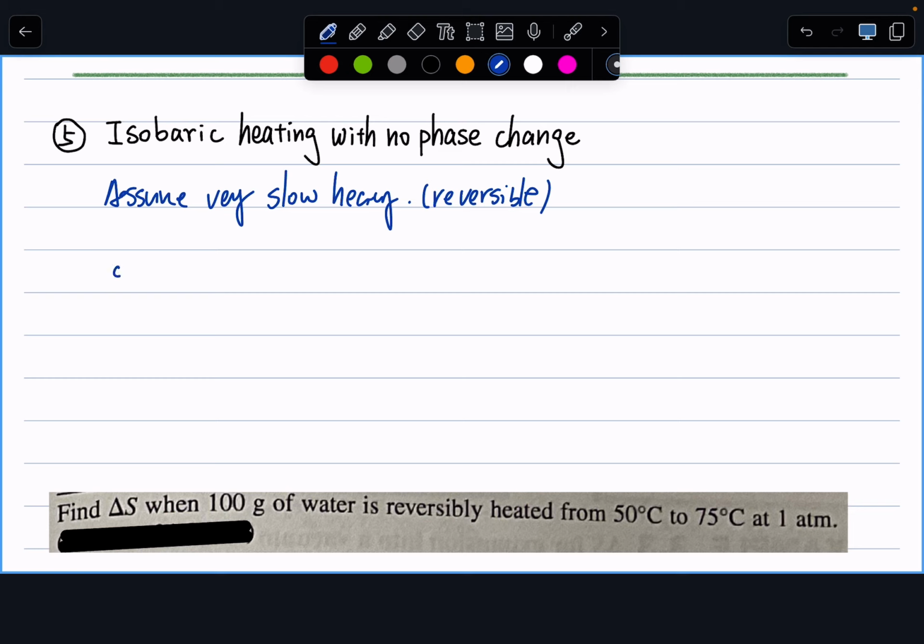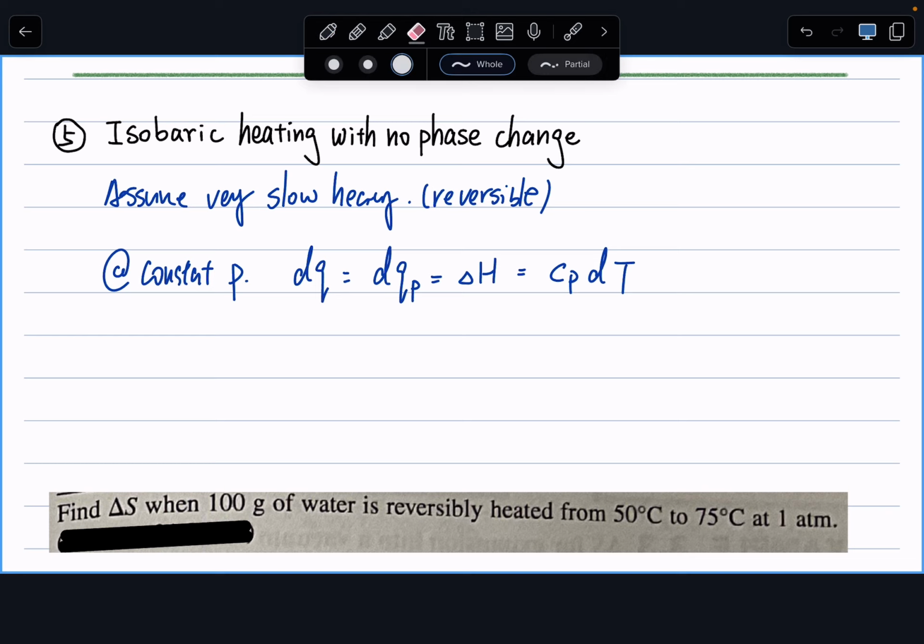So at constant pressure, again, we have dq equals dqp equals delta H, or Cp dT, or dH.